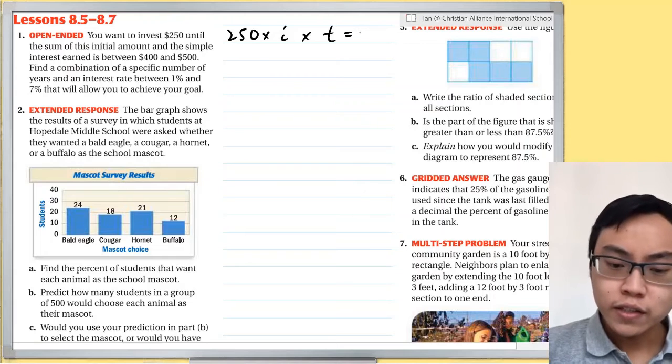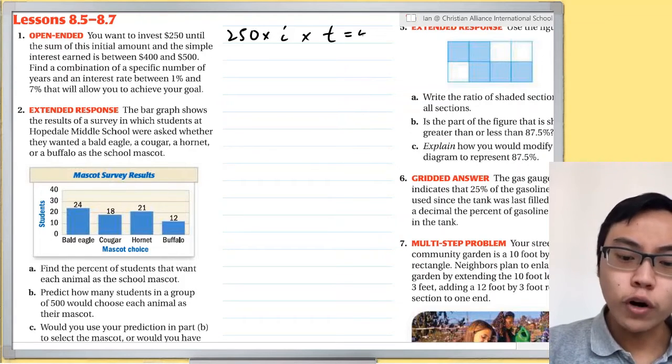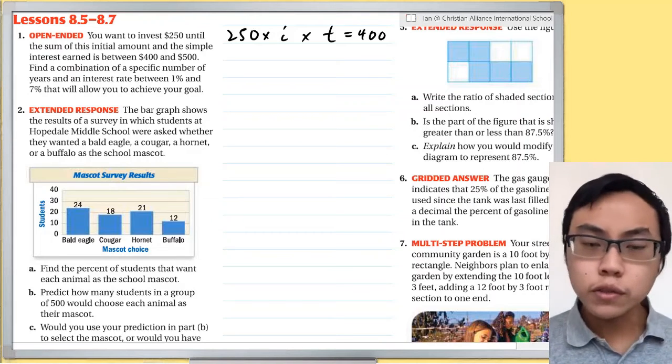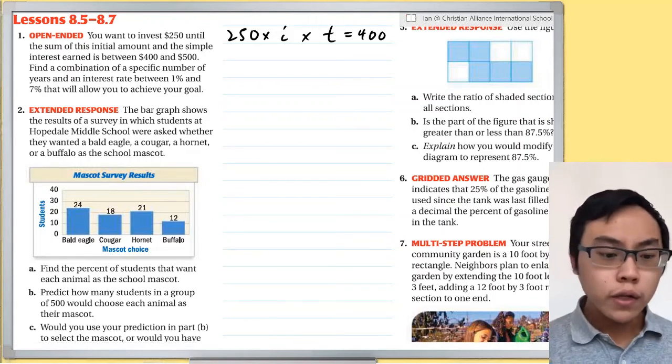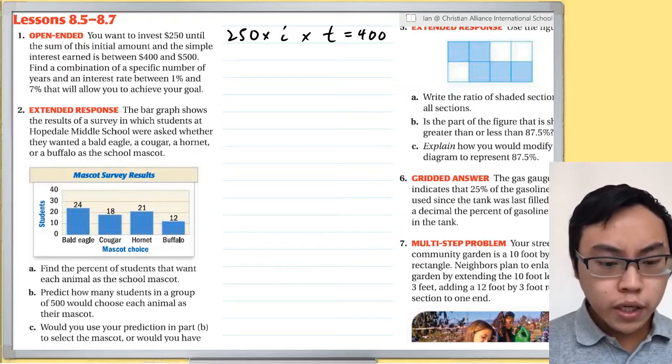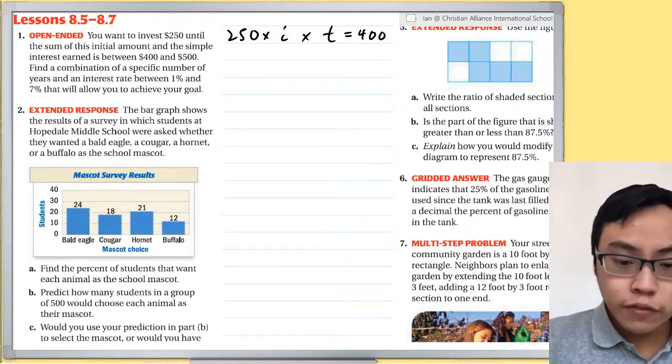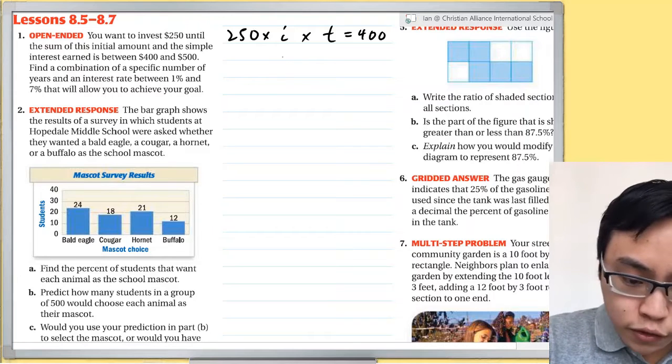So let's just say, at least 400. I'm just going to say 400 for now. And what I'm going to do is just some trial and error. So let me say my interest is 5%.